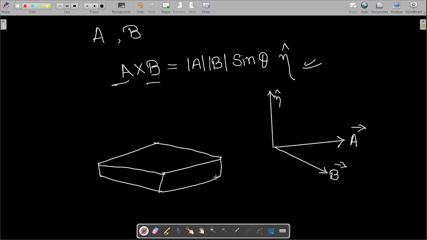So the direction of a plane is generally shown by a perpendicular drawn upon it, and the two vectors, let's say vector a and vector b, then it will be the direction of the plane, that is called eta cap.